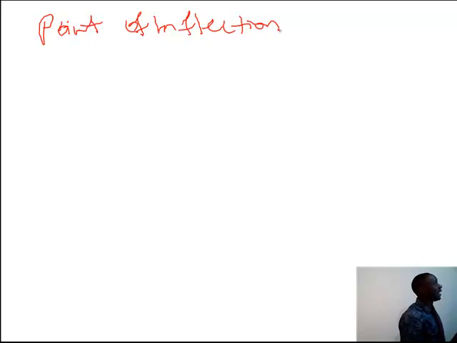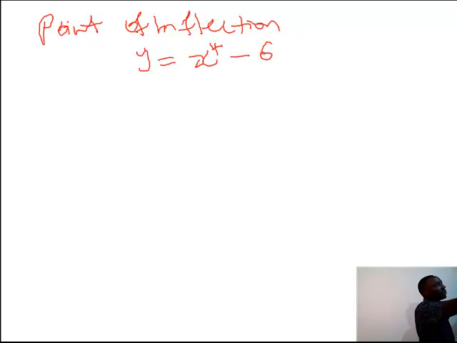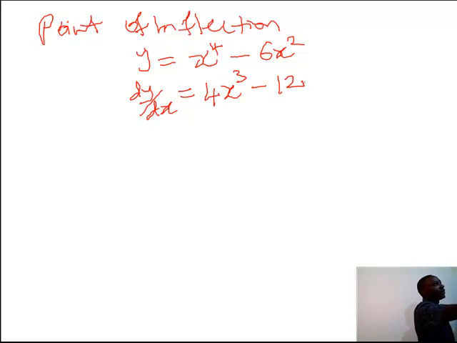Now recall that we said our point of inflection comes from the second derivative of the expression. We said the first expression is y equals x raised to power 4 minus 6x squared. We find our maximum and minimum points using the first derivative, which is 4x raised to power 3 minus 12x.